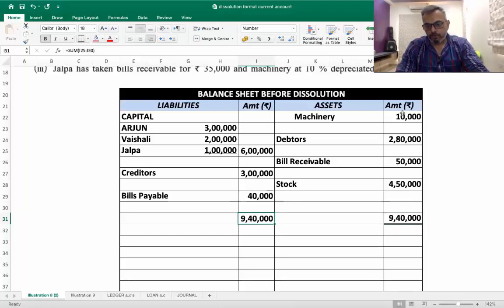Now you all know that the total of the asset side is 7,90,000.